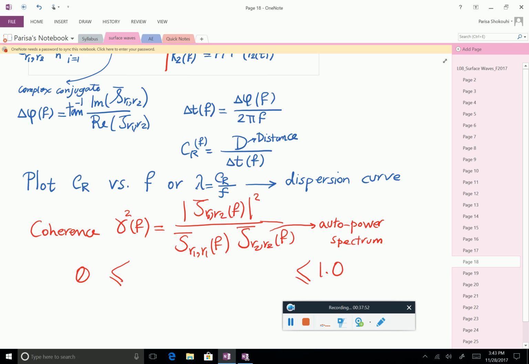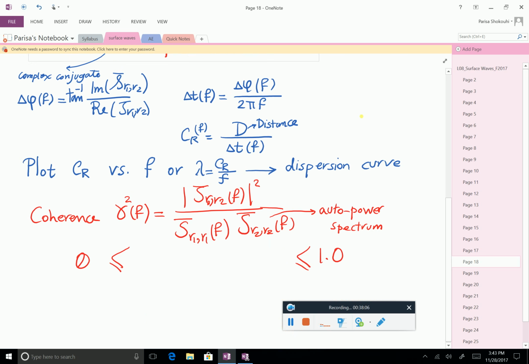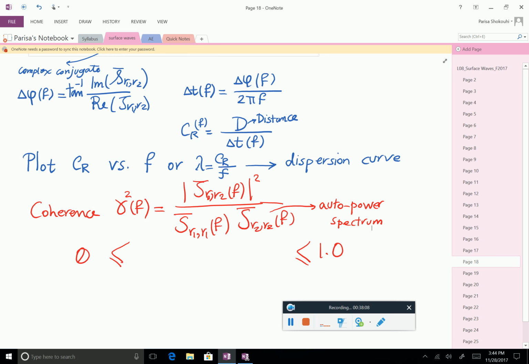Okay, but don't worry about it. It is basically, if I put here instead of R2, R1, what I would get would be the auto power spectrum. This is just a way to normalize this. Okay. There are no more formulas, or maybe a little bit, but not much left here.